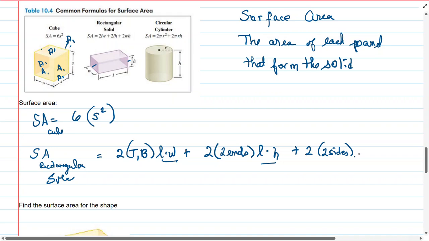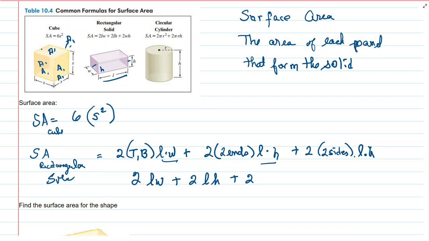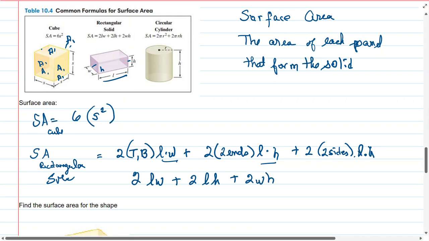And then the cylinder. If we have a circle on top, the area of a circle is pi r squared. Then we have that cylinder portion. If we cut it, then we have a rectangle. The length is the circumference, and the height is just the height.